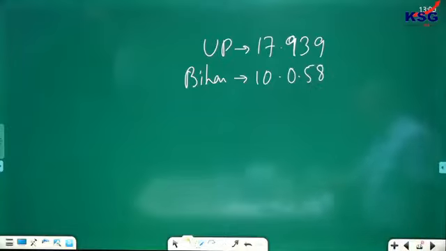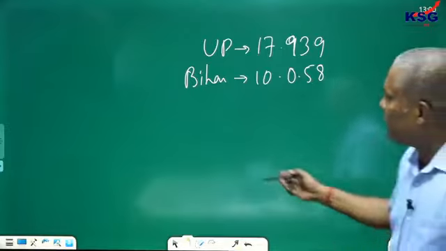Then the next one, MP, is getting around 7.850.